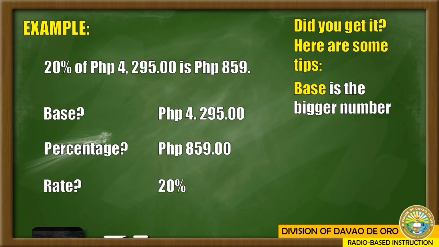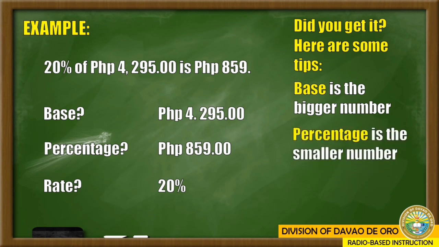So in the sentence, 4,295 is the biggest number. Understood? Good job. How about percentage? Percentage is the smaller number. If you compare 859 to 4,295, of course, percentage is the smaller number because its value is 859 only. Understood?